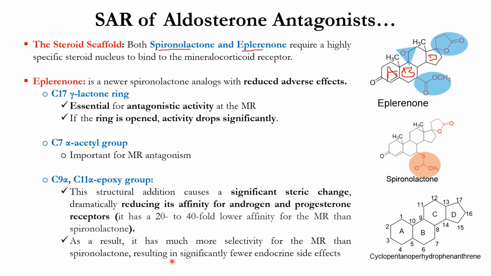This can result in significantly fewer endocrine side effects. Don't forget that the reduced binding capacity of eplerenone happens because of the presence of the epoxide group found at carbon 9 alpha and carbon 11 alpha.